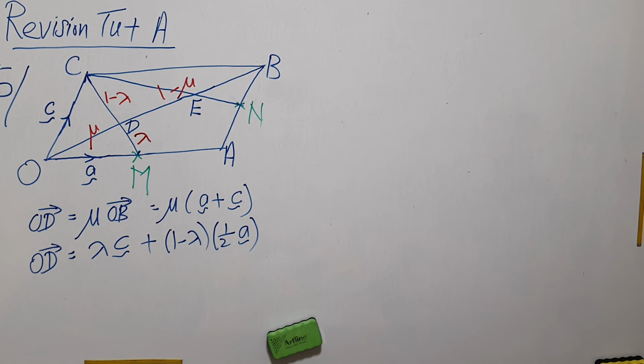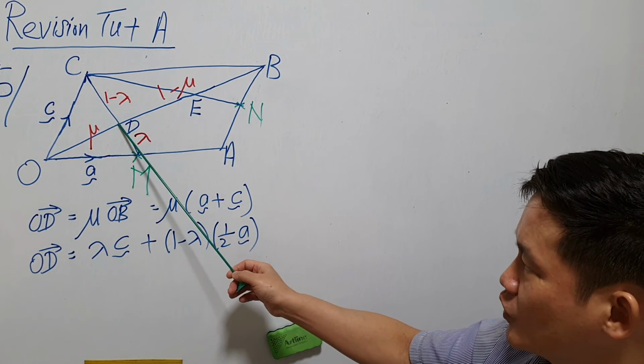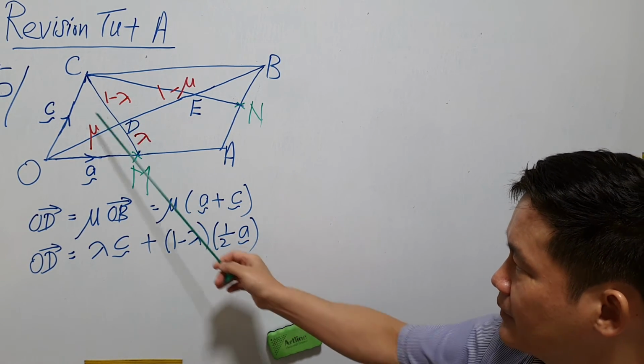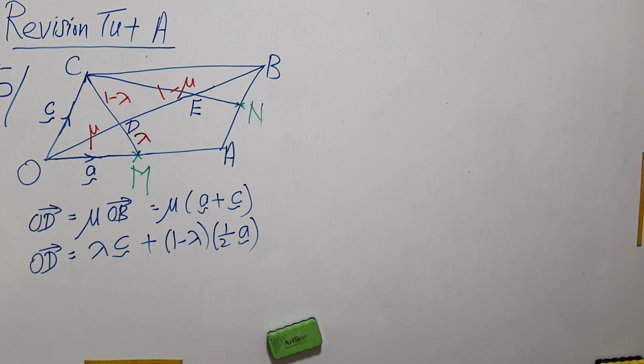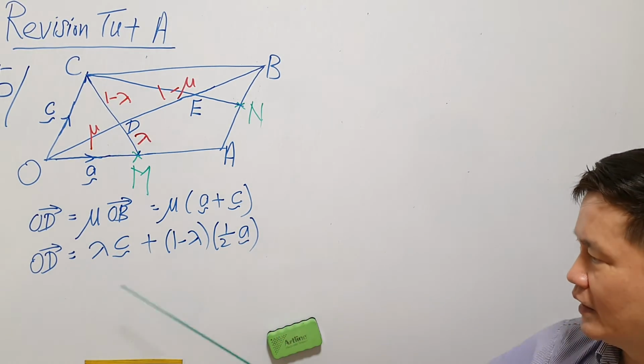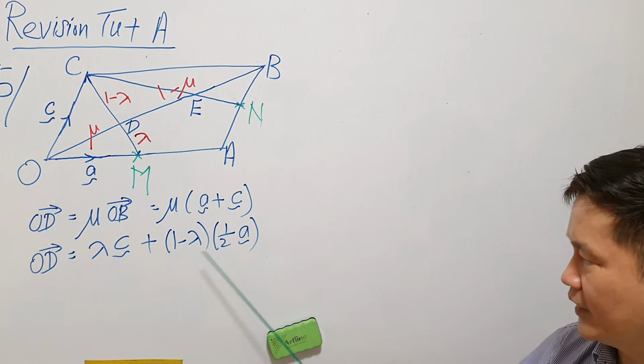So again, I found the vector OD using the ratio theorem: this times this plus this times this. Once you reach this stage, you now have an expression of OD in terms of A and C.